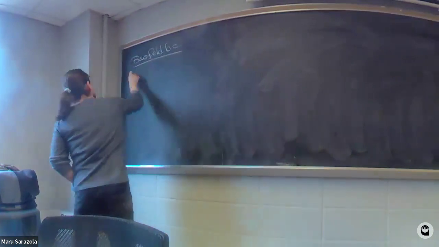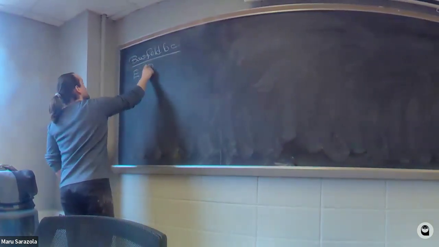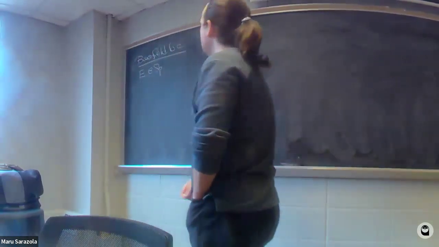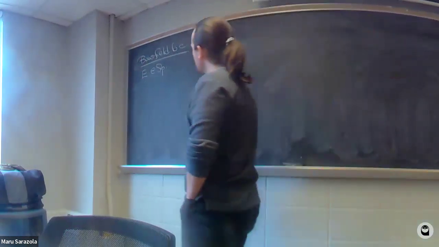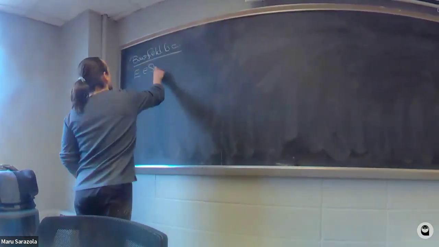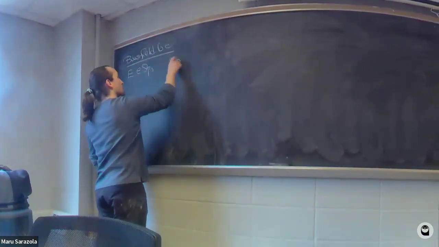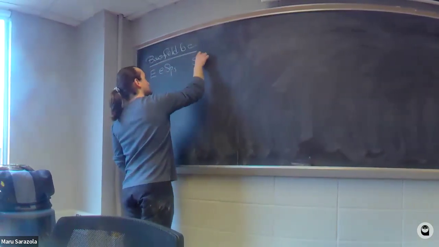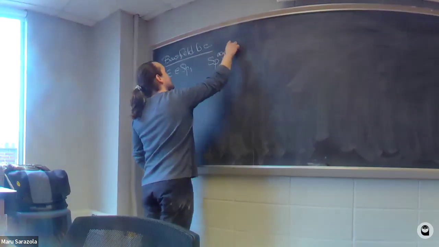So what you're doing is you're starting with some spectrum E, which you can think about as a homology theory. And what you can do is look at the collection of spectra, which maybe I'll call E acyclics.